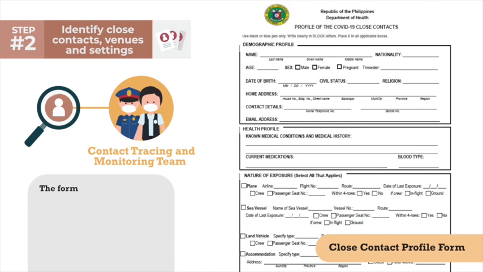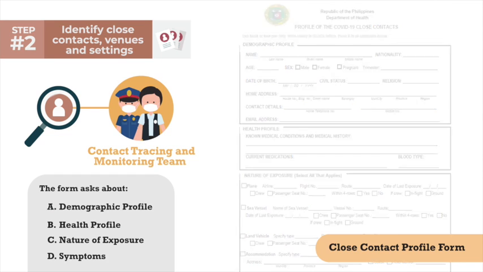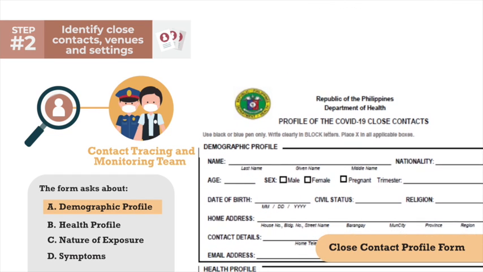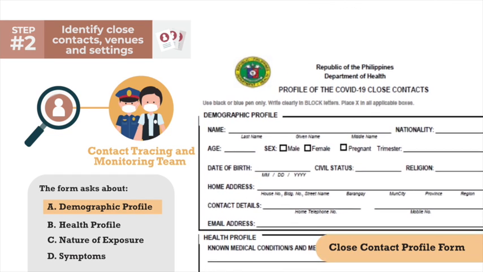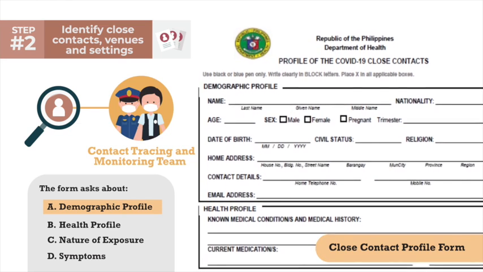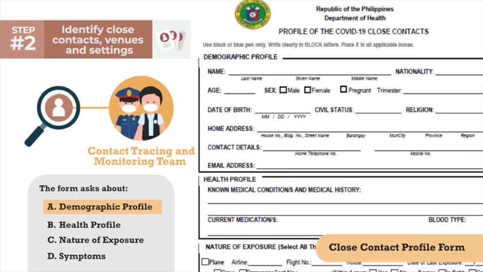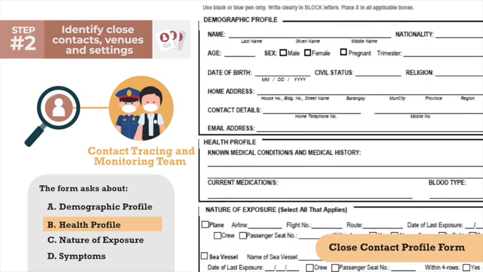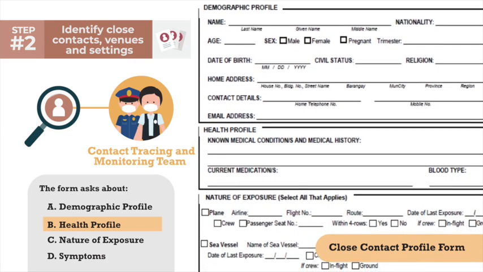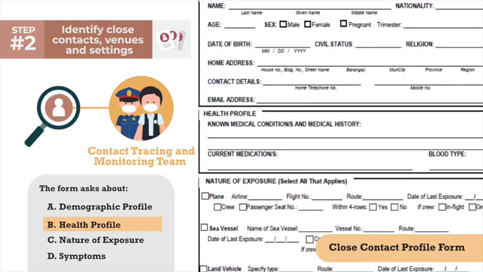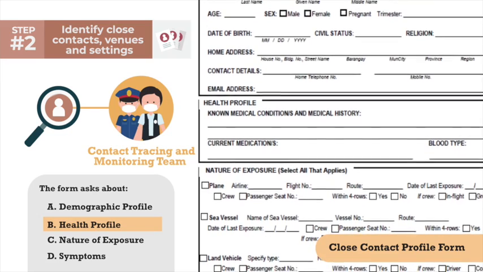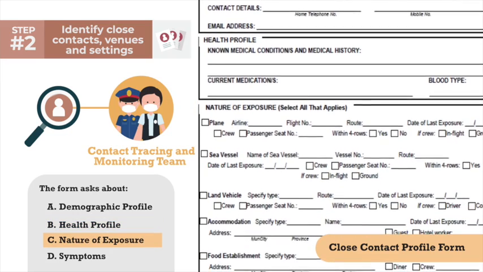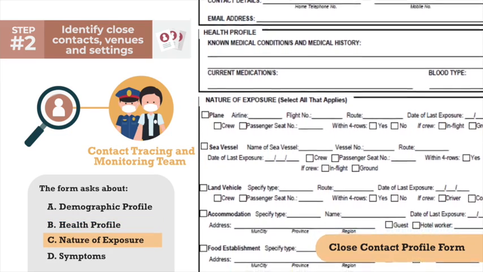The close contact profile form asks about the contact's demographic profile, including name, age, sex, date of birth, home address, and contact details. It also asks about the contact's health profile, which includes known medical conditions, current medications, and blood type. The nature of exposure of the contact will also be asked.